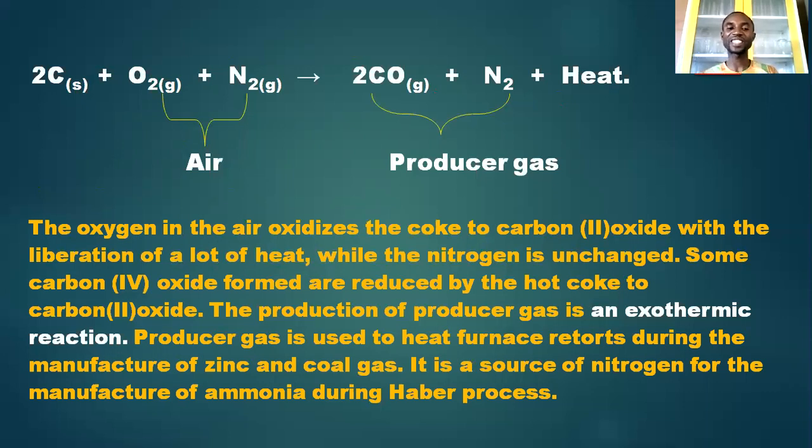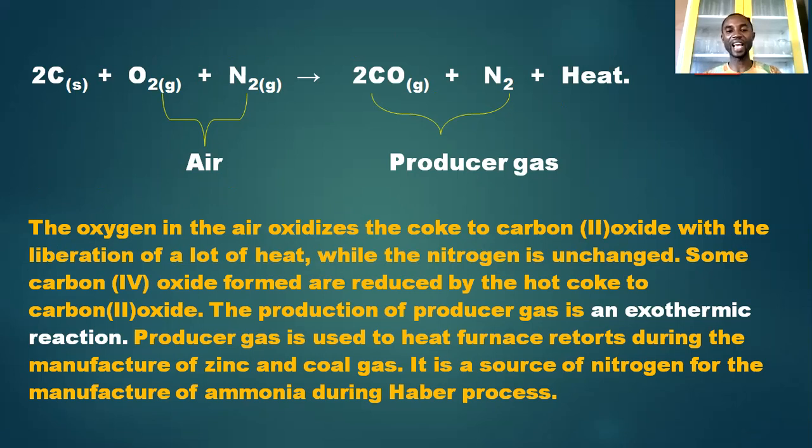blowing air, of course, inside air we have oxygen and nitrogen. That is what we mean. Oxygen is there, nitrogen is there, which is air. Then producer gas is made up of carbon dioxide and nitrogen. So producer gas is a mixture of carbon dioxide and nitrogen.